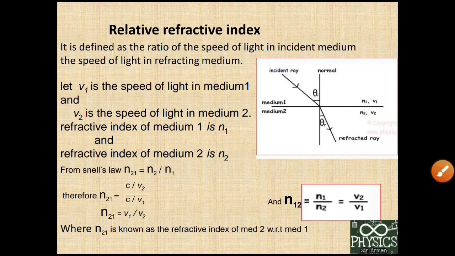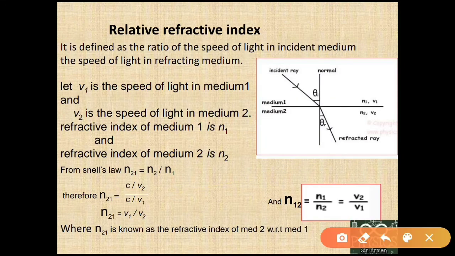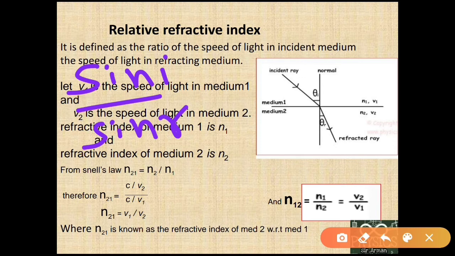So from Snell's law, that is in the laws of refraction, I have explained that Snell's law is the ratio of the sine of the angle of incidence, that is sine I by sine R. This is our angle of incidence, so multiply it with a sine function, which I will explain later in the numerical portion, so it will be easy for you.